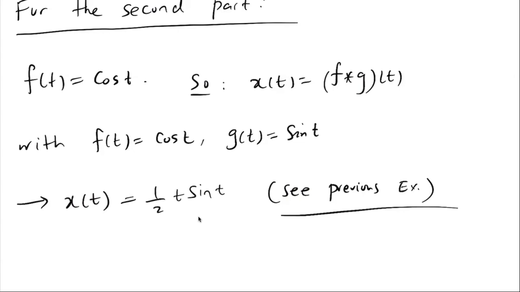So we use this to find the inverse Laplace transform of a product of two functions. If you have a product of two functions in terms of s, like capital F of s times capital G of s, and you apply inverse Laplace transform, the answer will be simply f star g of t, or the convolution of f and g.